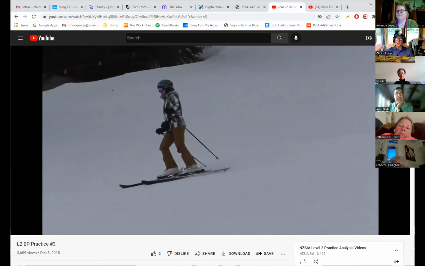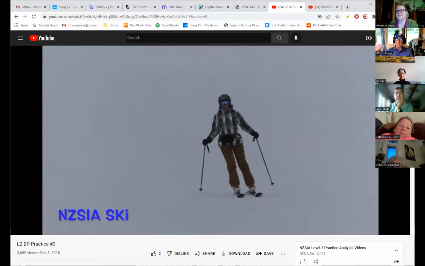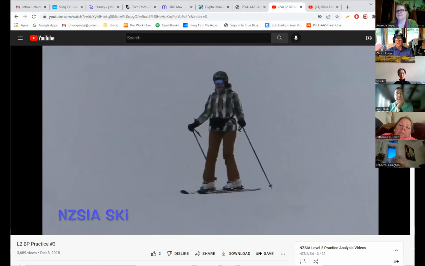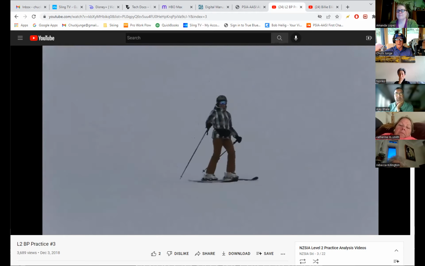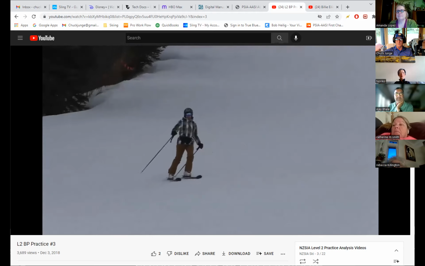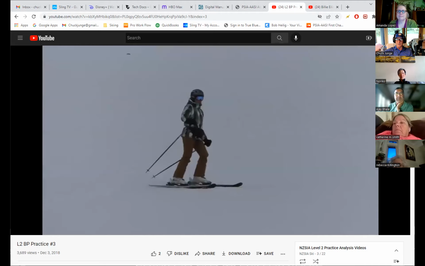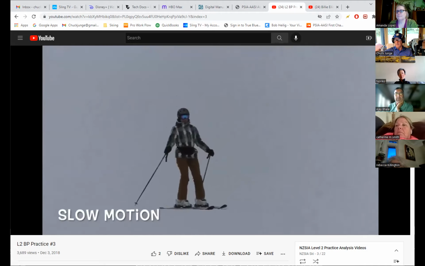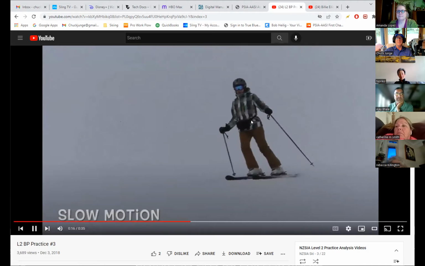She could not flex those boots to save her life. That's a real problem. It would have been nice to take a Dremel tool and open those boots up so she could flex them, but it wasn't there. We have to be conscious of that all the time.